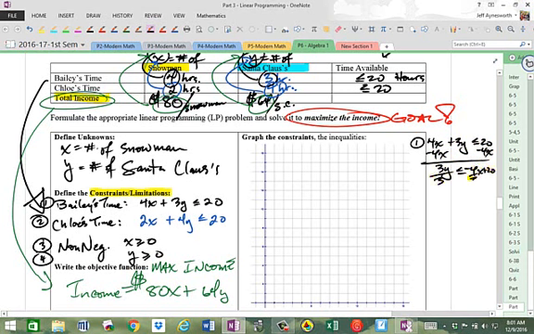Divide everything through by 3, and I get y is less than or equal to negative 4/3 x plus 6 2/3. 20 divided by 3 is 6 2/3.